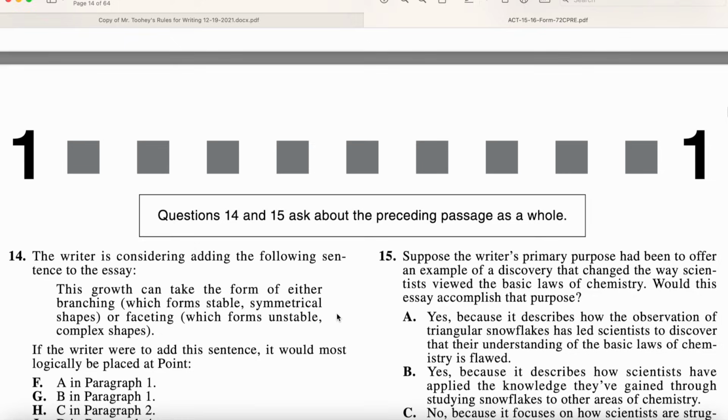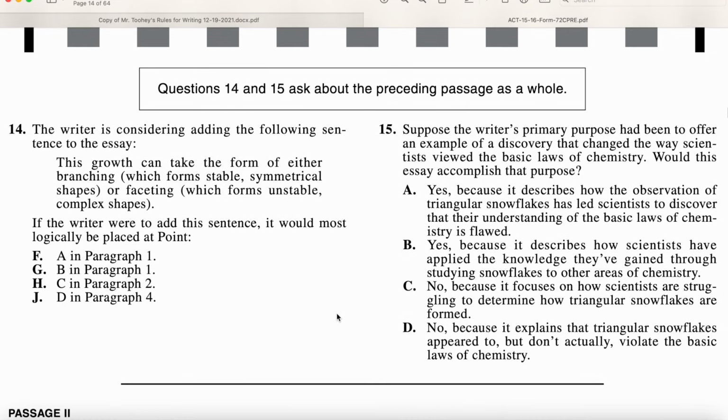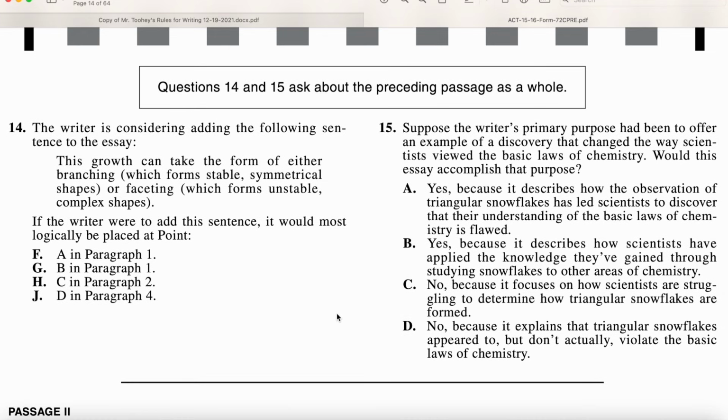All right. Let's look at number 14. The writer is considering adding the following sentence to the essay. This growth can take the form of either branching, which forms stable symmetrical shapes, or faceting, which forms unstable complex shapes.